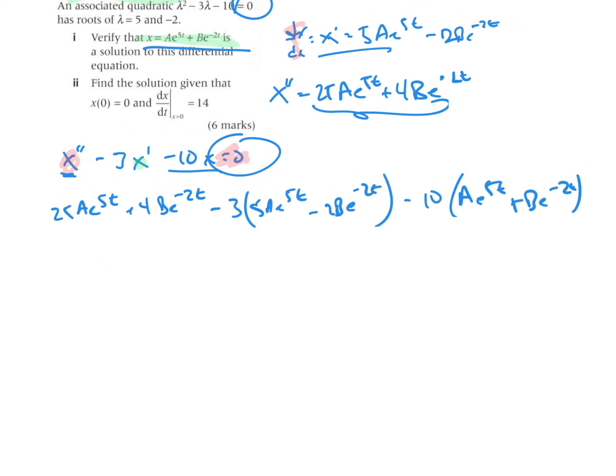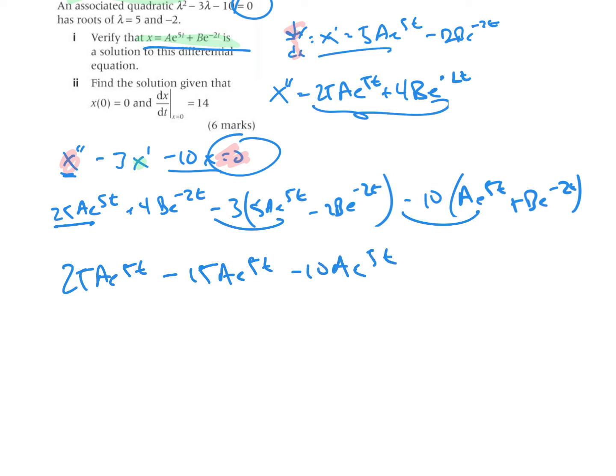And if I simplify it, I get 25ae^(5t) minus 15ae^(5t) minus 10ae^(5t). And similarly, if I switch colors here, I get the b's.